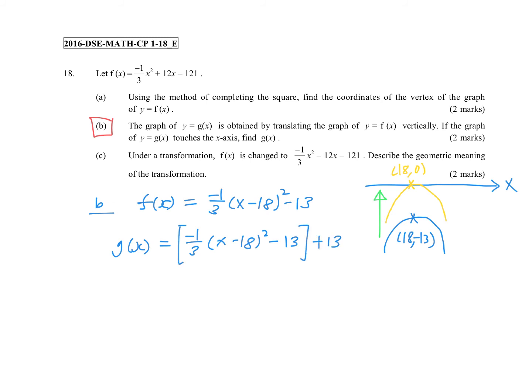Just consider the y coordinate of the vertex, and then it becomes negative 1/3 times the square of (x minus 18), and this will be g(x). It's done. Below is y equals f(x), and the translated graph will be y equals g(x). And that's part B. Done.